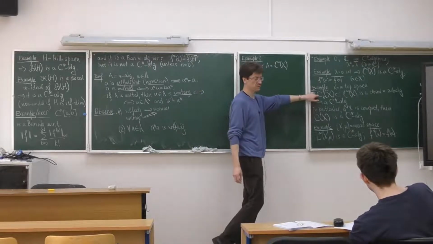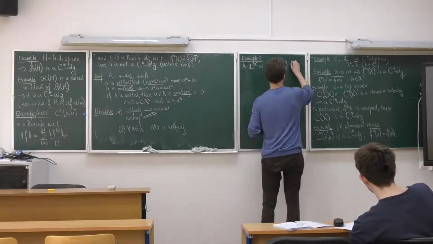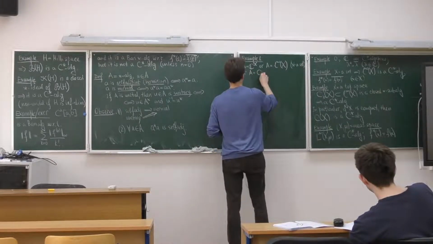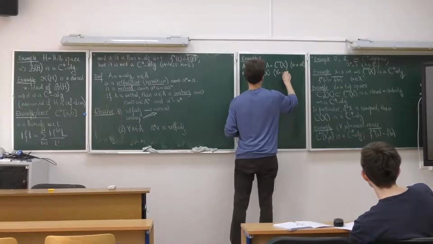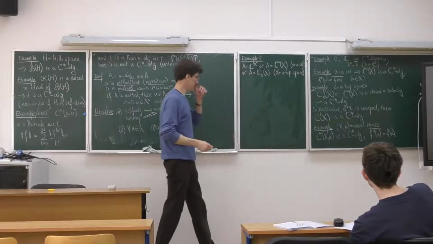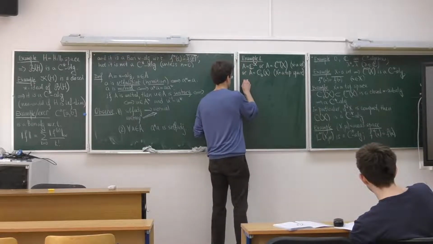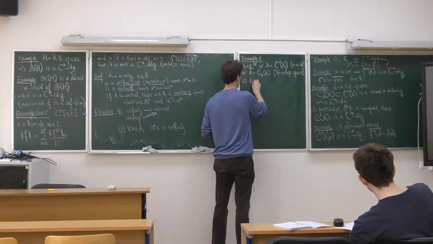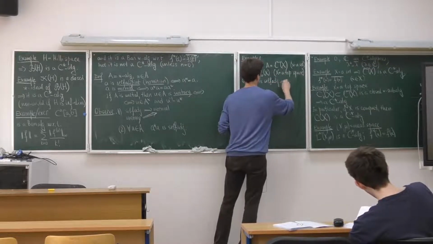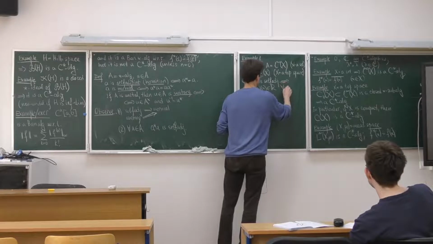Or we can take the algebra CB of X, where X is a topological space. So in all cases, the involution is just the pointwise complex conjugation. It's clear from the definition that an element f of A is self-adjoint if and only if f of x is real for each x.